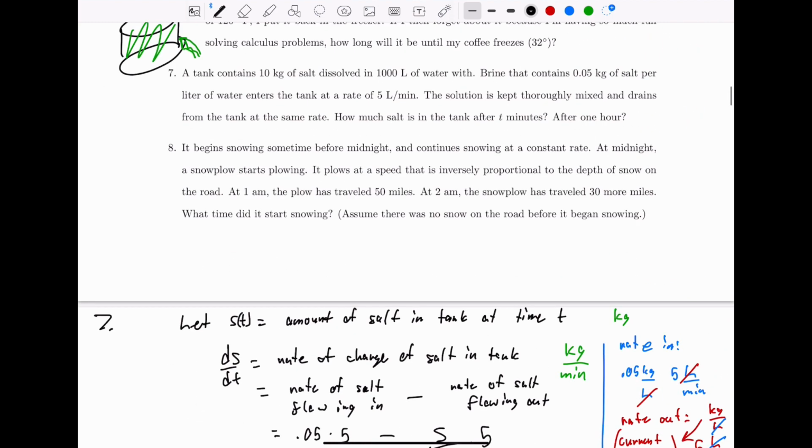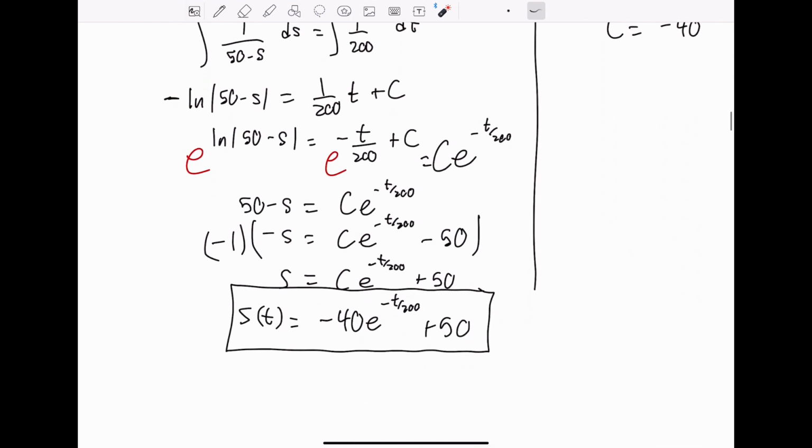So we found how much salt is in the tank at any time t after t minutes. Now we want to know how much salt is in the tank after 1 hour. In order to find that, we're just going to plug in 60 minutes here, since time is measured in minutes. So the amount of salt at 1 hour is S of 60.